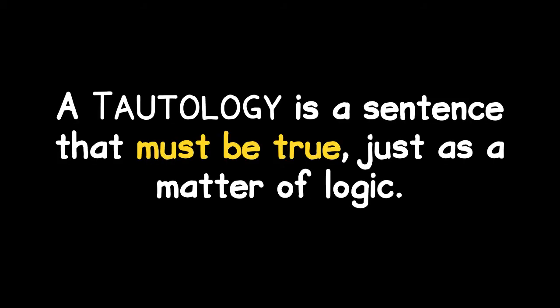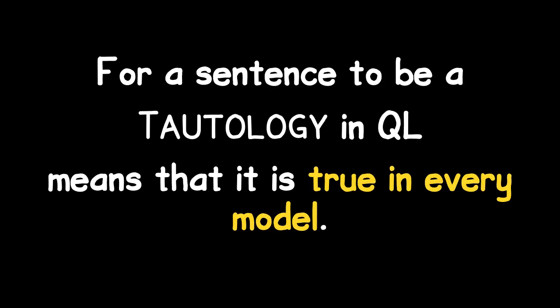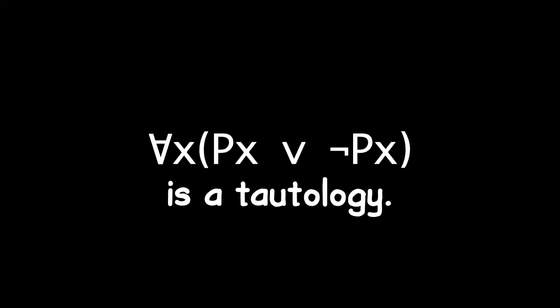In English, we had a name for a sentence like this. A tautology is a sentence that must be true, just as a matter of logic. For a sentence to be a tautology in QL means that it's true in every model. So, for all x, Px or not Px is a tautology.